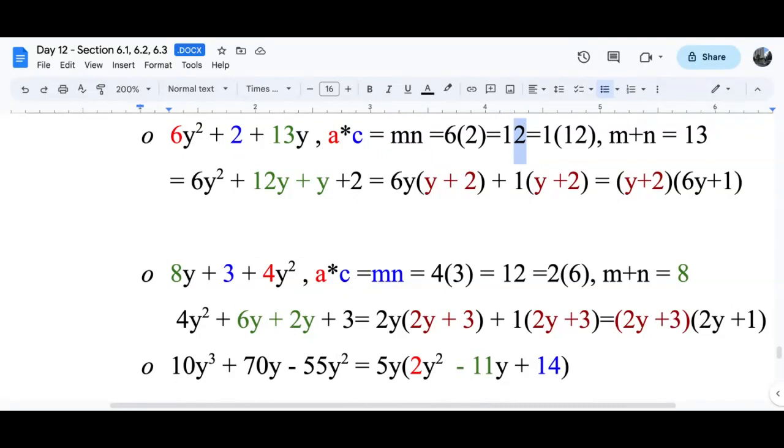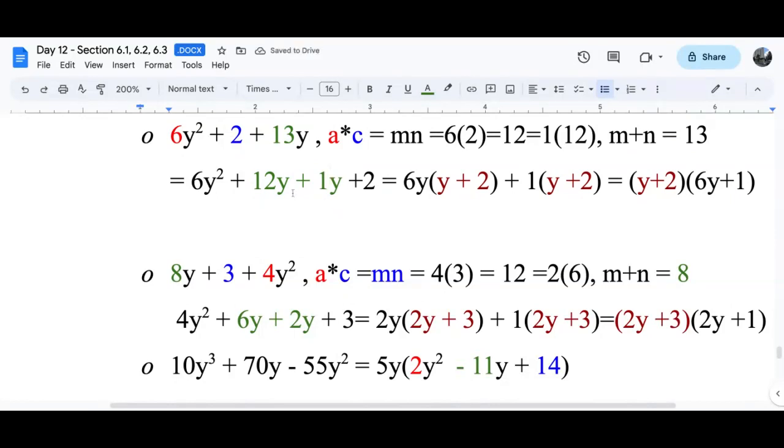Then we think about how to break up to get add to be 13, right? Because m plus n is 13. So we want 2 multiplied by 6y to get 12y, then y times 1 to be 1y, add together to be 13. So once we have those two factors, we can split 13y into 12y plus 1y, right?